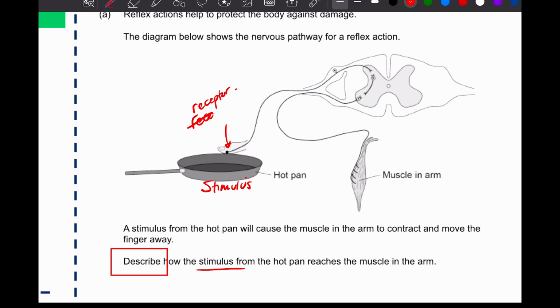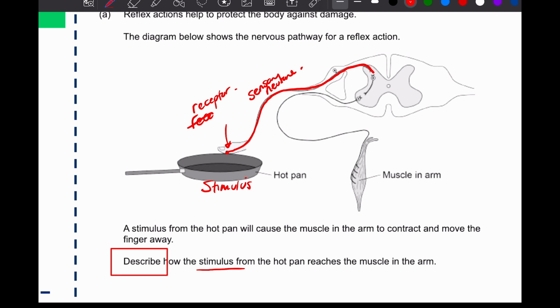The nerve impulse then must be sent along this neuron here. Okay? Now, this neuron is called the sensory neuron. Many people forget about the sensory neuron. The way that I always try and remind people about it is think about what reactions actually are.